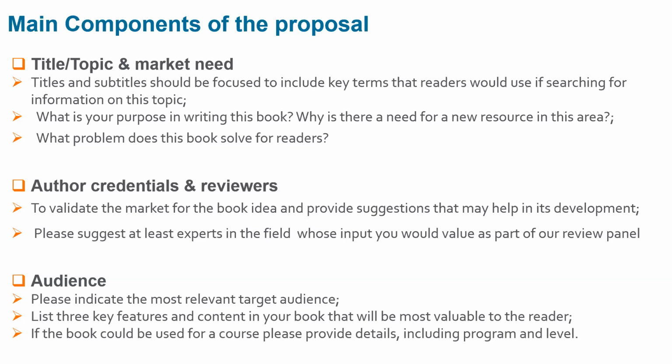I need to focus on the key terms the readers would use when searching for information on that topic. I need to clarify what the purpose of writing this book is. I need to know why there is a need for a new resource on that topic, and what problem this book is trying to solve to help the readers and the audience.